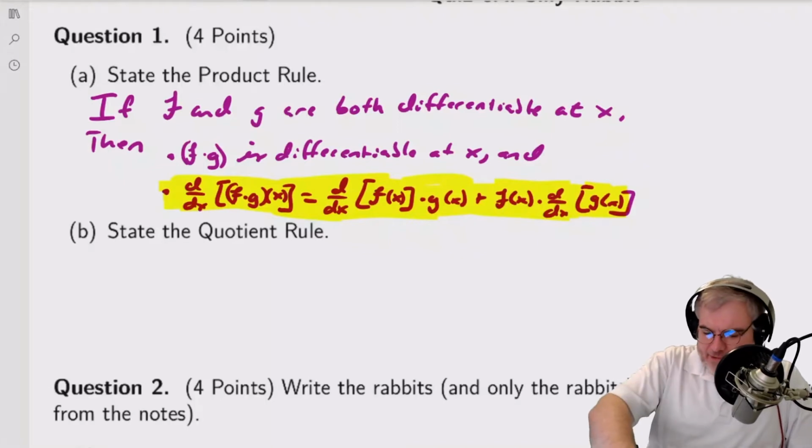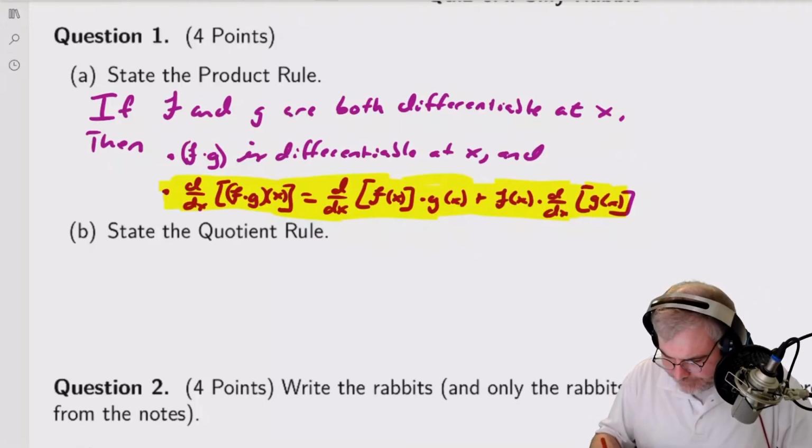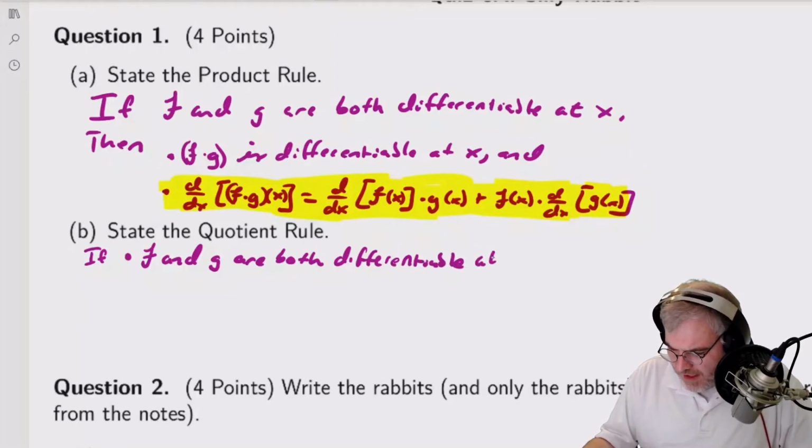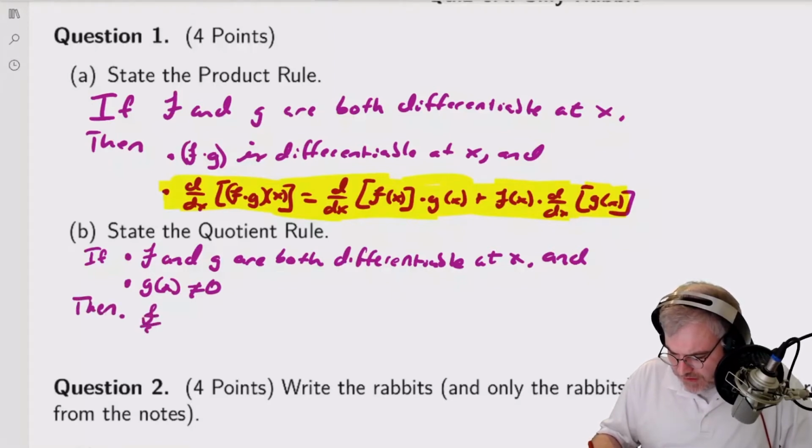Quotient rule. If, now this one has two conditions, f and g are both differentiable at x, and if g of x does not equal 0, then f over g is differentiable at x. Okay, well, it's not really helping my handwriting, is it?